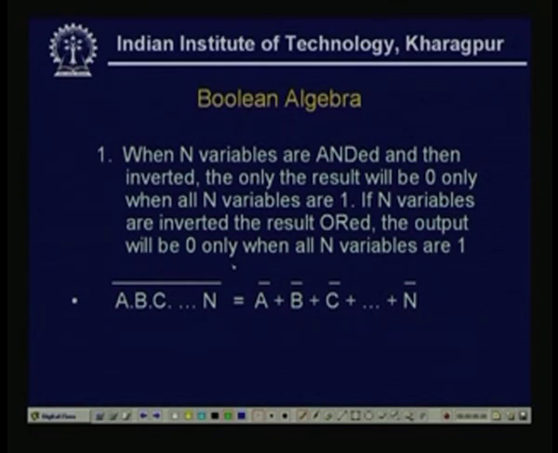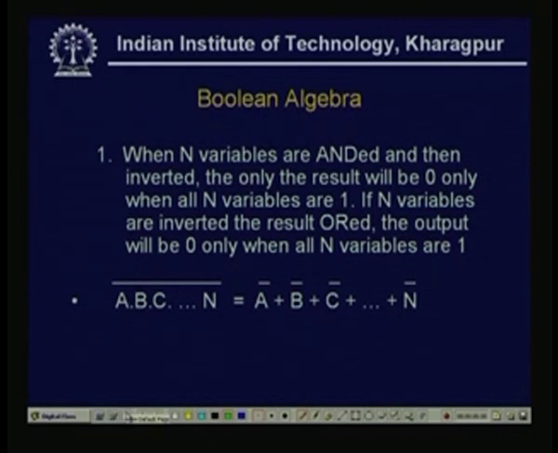Now, the result will be that each of the n variables is inverted and then ORed, that means a bar plus b bar plus c bar plus n bar, and then it is taking OR, then this is the same.